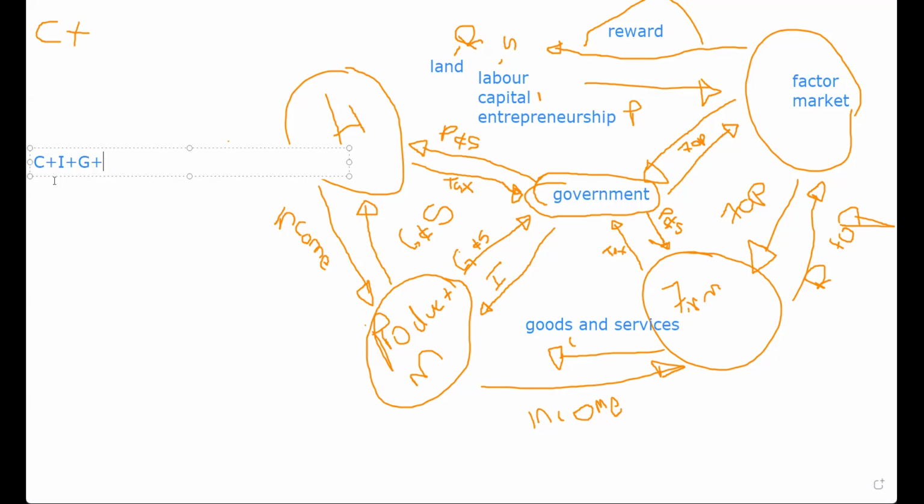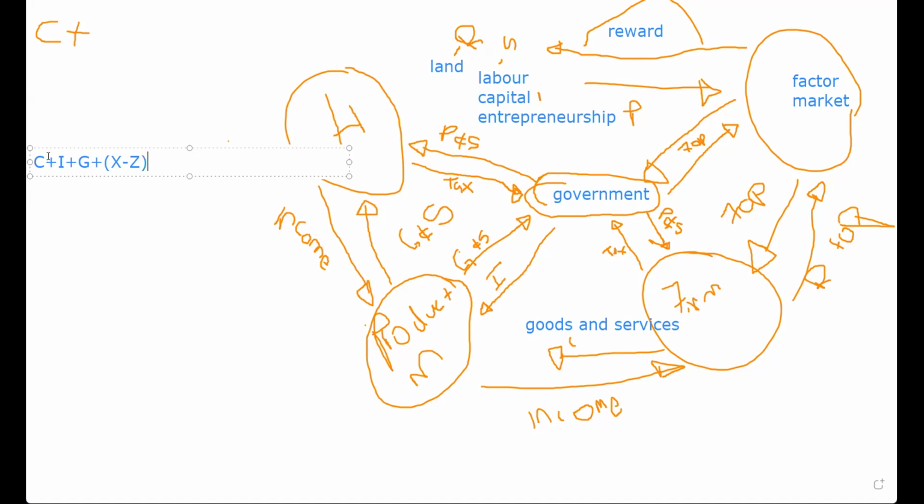Consumption expenditure plus investment plus government expenditure. Plus what, guys? Plus X minus M. Let me double check. Yeah, imports is Z. I thought imports was going to be M, but imports is Z.